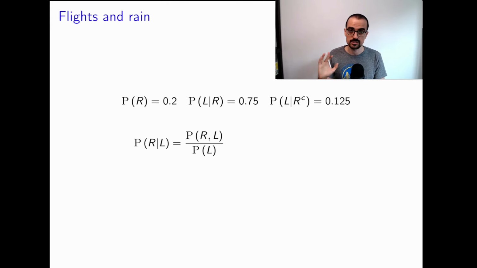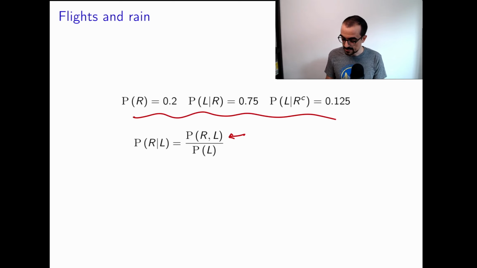So by definition, the conditional probability of R given L is just the probability of the intersection divided by the probability of late. Okay? And now we're going to expand this so that we can use the information that we have. The information that we have is late given R, and R. So we're going to expand the chain rule in that direction.